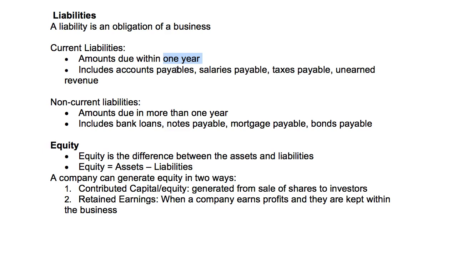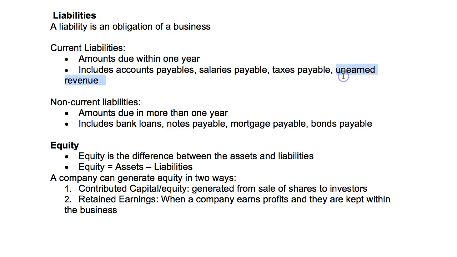And when you buy something, usually you will have a short time within which to pay that money back. Salary payable is when your staff have worked in your business and you owe them money, but you haven't paid them yet. And so usually if you work somewhere, you expect you will get paid within 1 week of working. So these are all liabilities that the business needs to pay within the year.